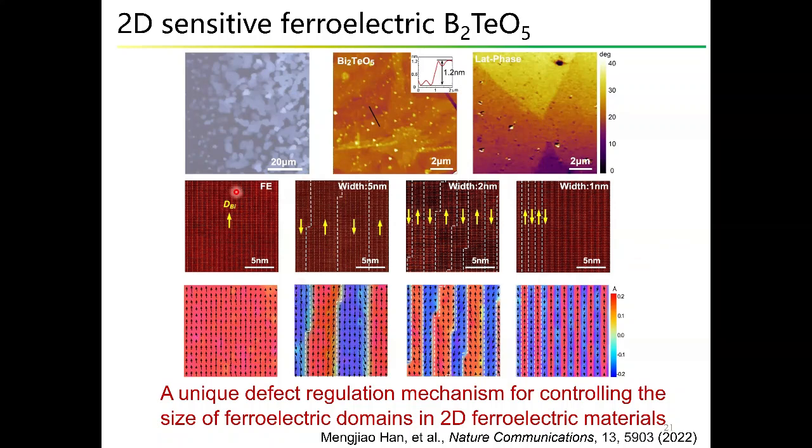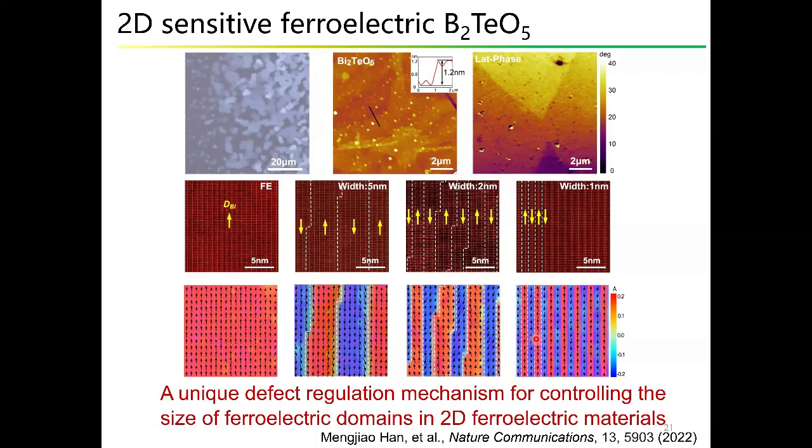So this is an example showing that we can artificially increase the concentration of domain walls and then tune the ferroelectric domains from several hundred nanometers down to 5 nanometers, down to 2 nanometers, and to the ultimate limit of 1 nanometer.